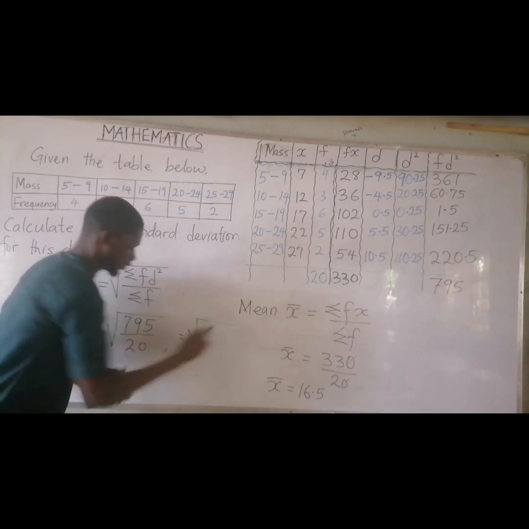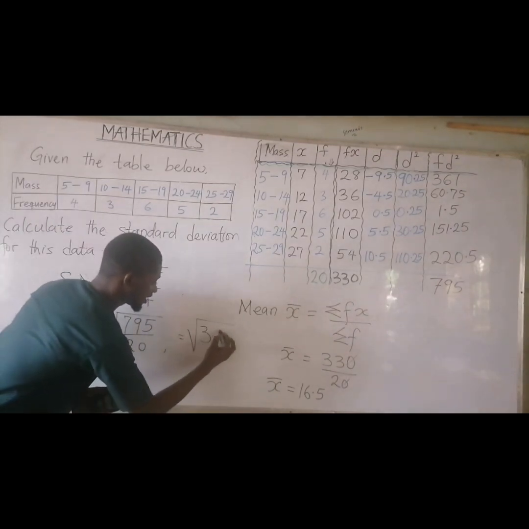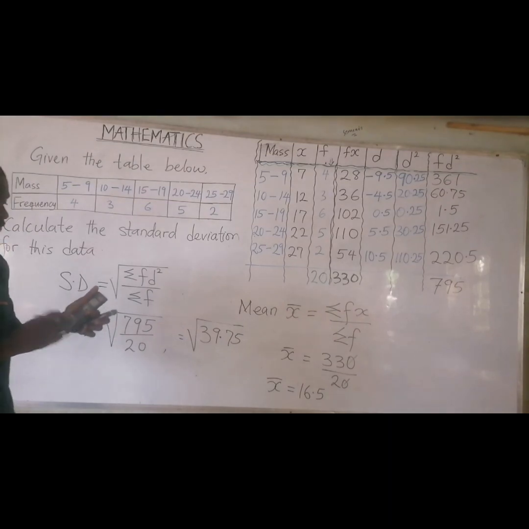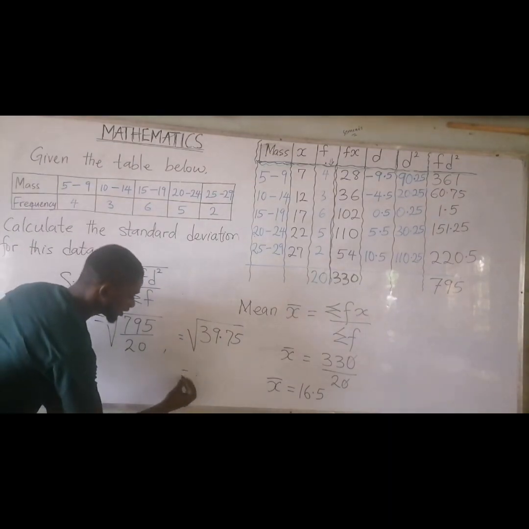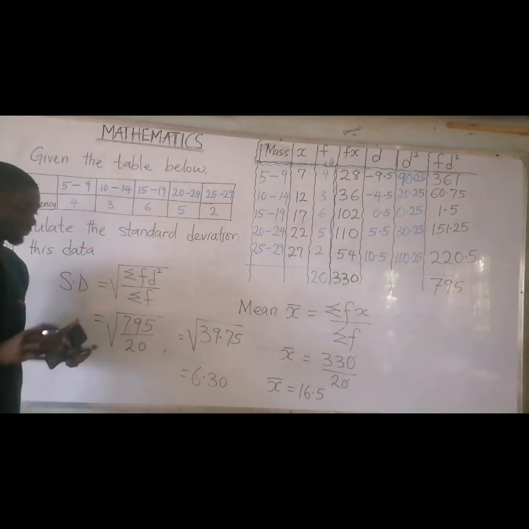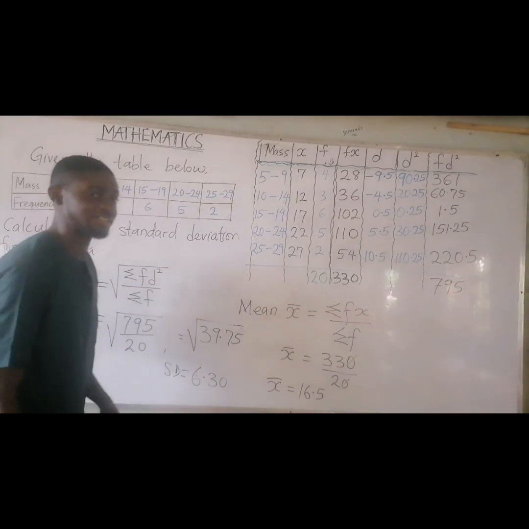That is the square root of 39.75. If you find the square root of this, that gives us 6.304 something, but that may not be needed.